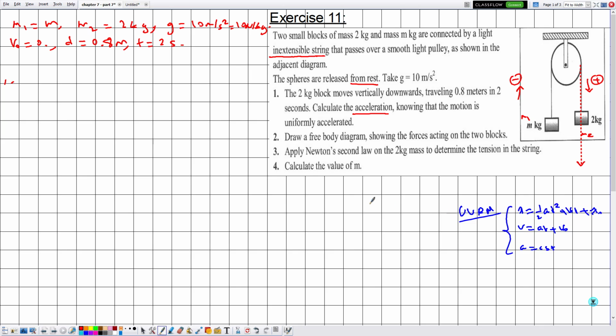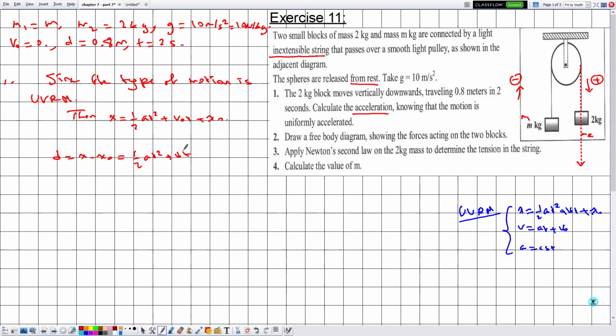So since the type of motion is uniformly accelerated, which means varying, then we have x equals half a t squared plus v0 t plus x0, knowing that the distance d is given by x minus x0, which is equal to half a t squared plus v0 t.